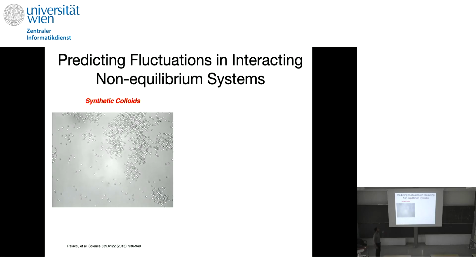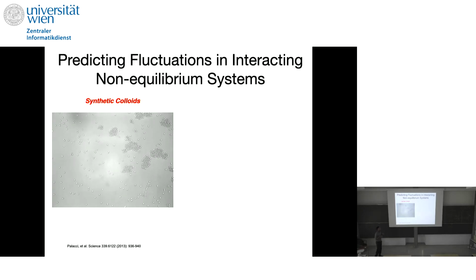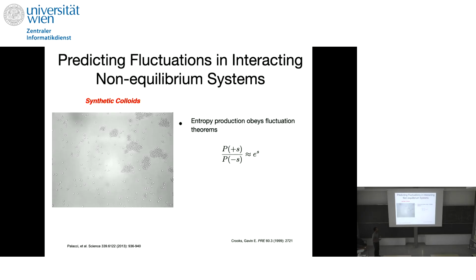This was one of the first synthetic colloid examples clearly demonstrating that self-propulsion can lead to phase separation and interesting non-equilibrium phases. And this is closer to what I might talk to you about in a second.